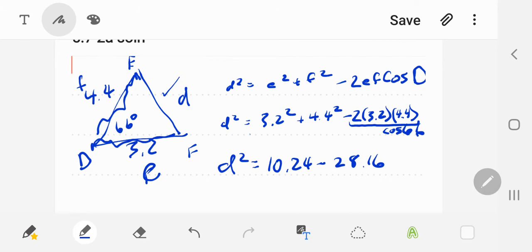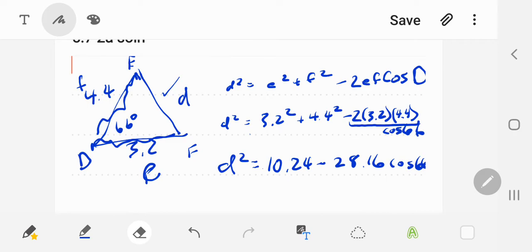And then we still have cosine of 66. So still we have to do the cosine of 66. So here's what you do normally. If your calculator is sophisticated enough, you can do the square root of this entire thing here, and it saves you some time.